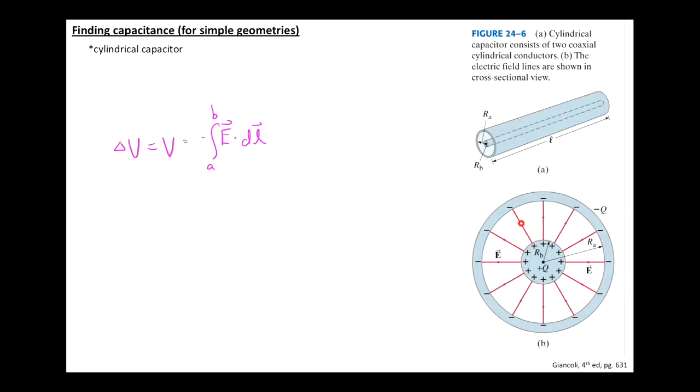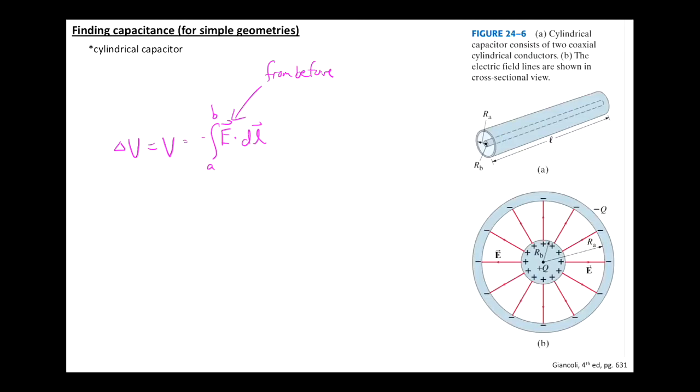We've solved for this electric field before. Go back to Gauss's law stuff. We just had a line of charge, and we used a cylindrical Gaussian surface to find the electric field outside of that. So we already know this equation from before. Although it'd be nice to start from the beginning, right? And be like, let's find the electric field, and then let's find the capacitance from that. I'm not going to do all that.